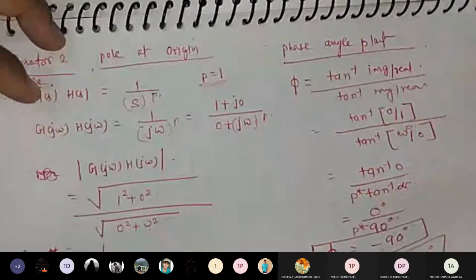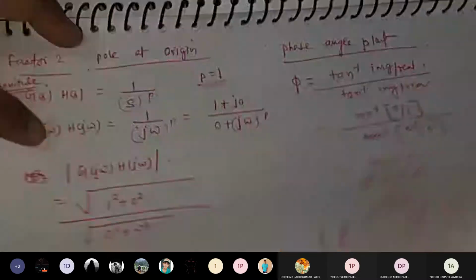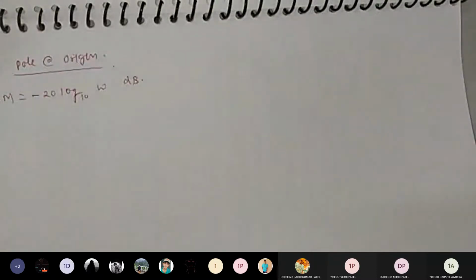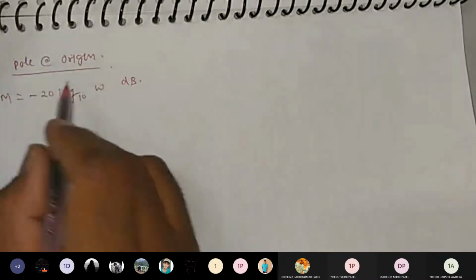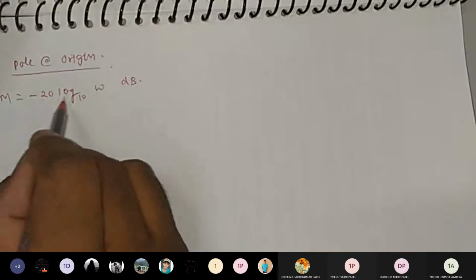So we have got the equation M is equal to minus 20 log omega in terms of dB. Now I'm not putting P right now, but only minus 20 log omega.